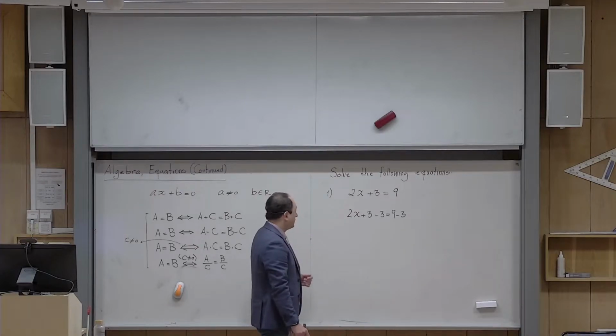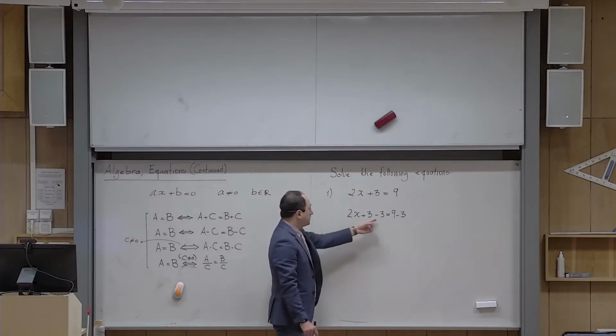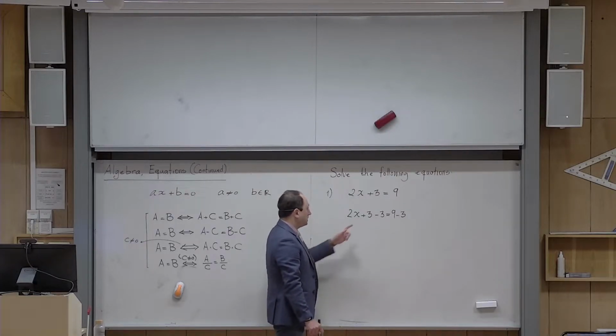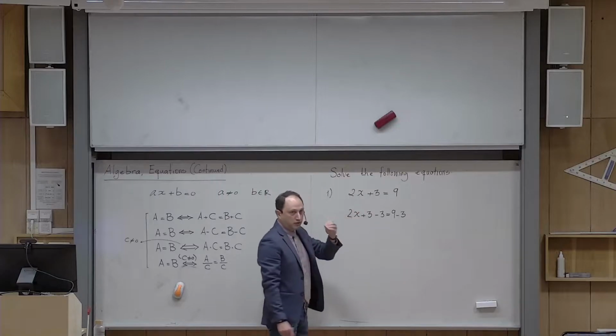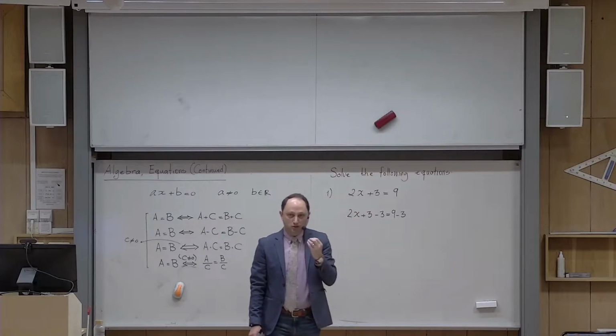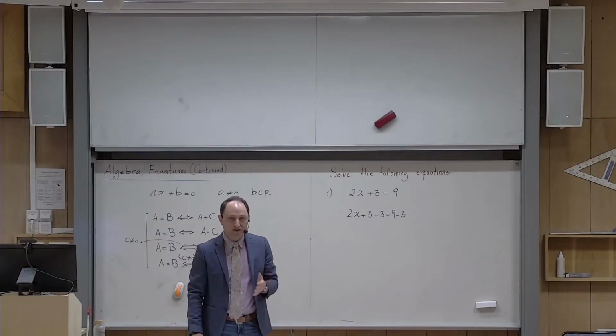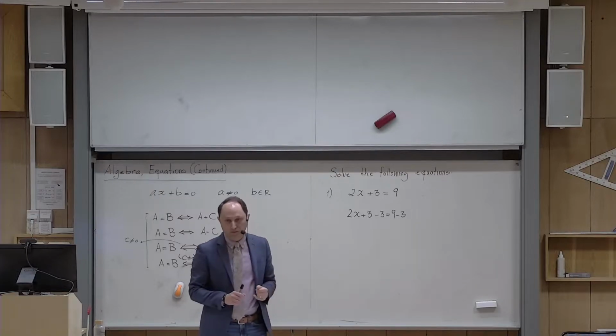Okay, so when we add minus 3 to both sides, we get this one. Why is this good? Because I told you, you need to have a strategy. This problem is so simple that even if I don't teach it, you can solve it. But as a teacher, when I start teaching, I have to teach you in a way that you can solve harder problems. For solving this problem, you don't need a teacher.